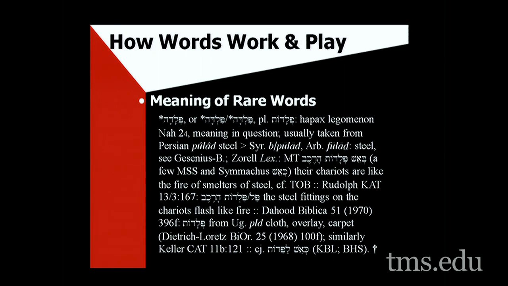The Hebrew Bible uses it in the form of the feminine plural, piladot. That's the only form of it found in the Hebrew Bible. It is a hapax legomenon found in Nahum chapter 2, verse 4. The meaning is in question. It's usually taken from the Persian pulad. So here we have the hypothetical, and here we have the cognate evidence.